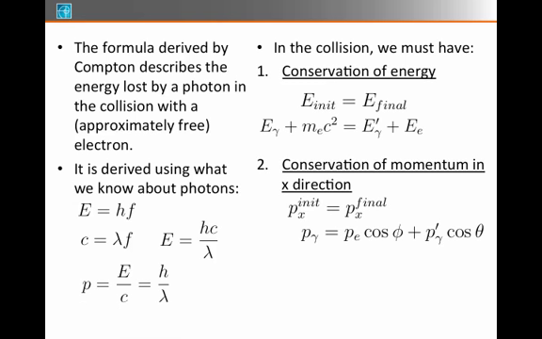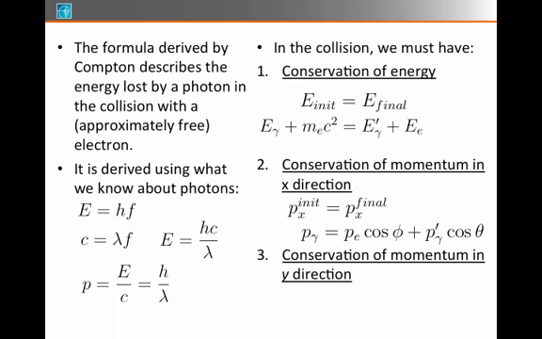So its x component momentum will be p sub e cosine phi. The outgoing photon has a momentum p gamma prime, and it's leaving at an angle theta. So its x component momentum will be p prime cosine theta.